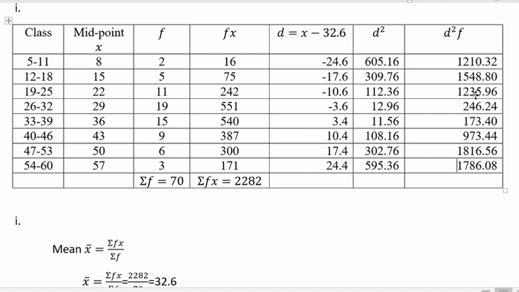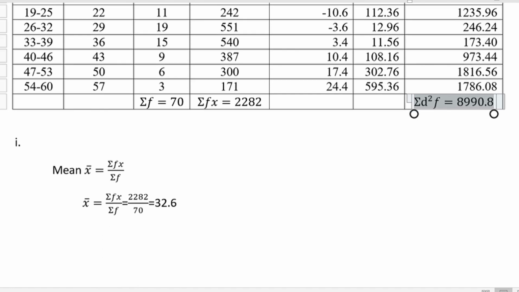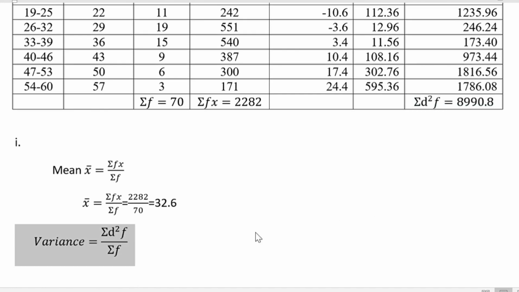When we have calculated them, we need the total for this column. That will give us summation d squared f, and that is equal to 8,990.8. Now, with that, we can calculate the variance. We shall say variance is given by summation d squared f over summation f.